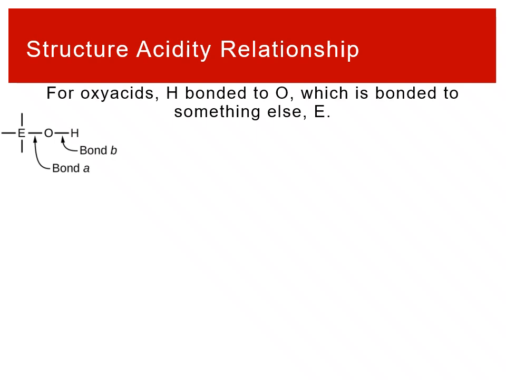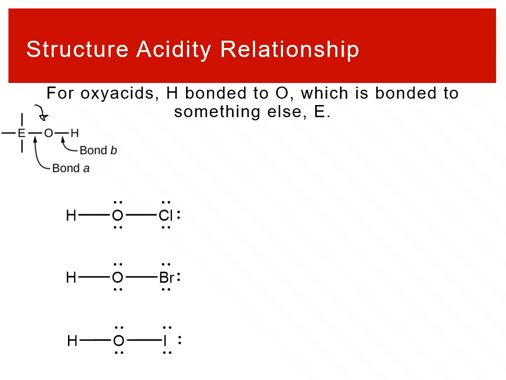So an oxyacid is anything where you have hydrogen bonded to oxygen, which is bonded to something else, which we'll call E as our generic rest of the acid molecule. So here's a general schematic of what they look like. You can generally make these with any sort of other atom being E. So for example, we can have the halogens: iodine, bromine, and chlorine.